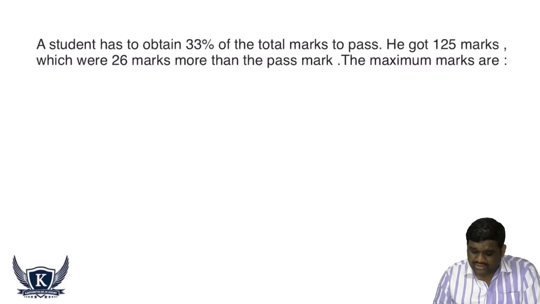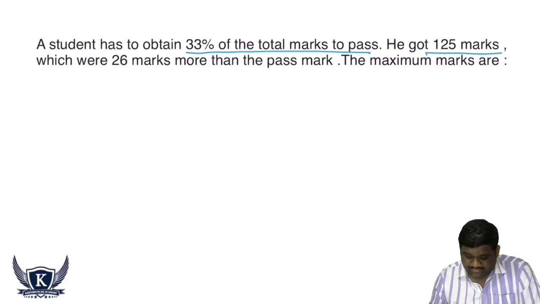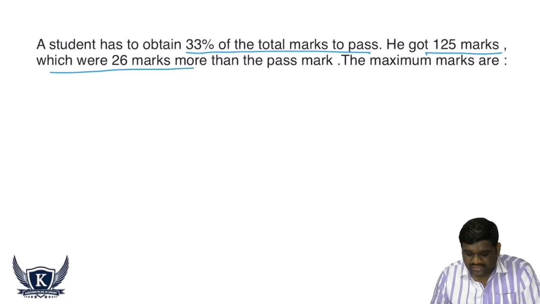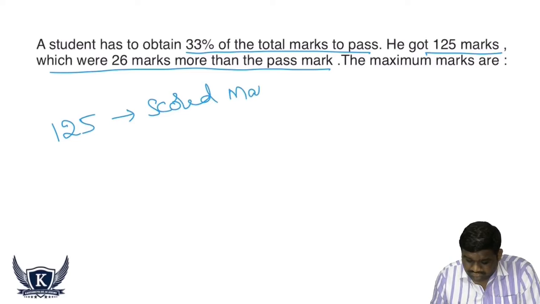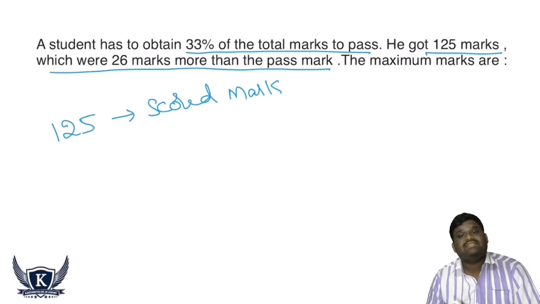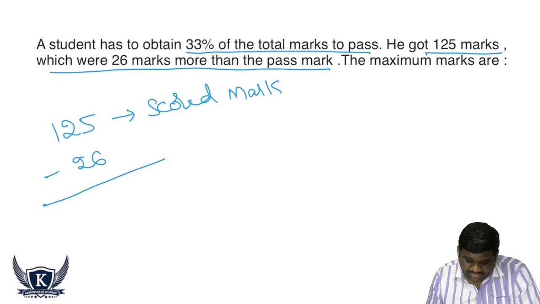A student has to obtain 33% of total marks to pass. He got 125 marks, which are 26 marks more than the pass mark. So 125 marks is the scored mark for the student, but these are 26 marks more. That means pass mark is equal to scored mark minus extra marks.